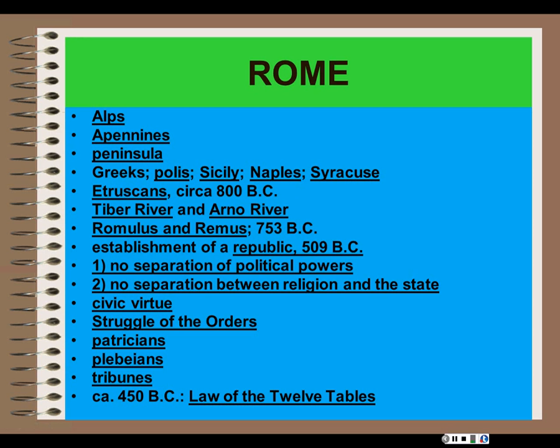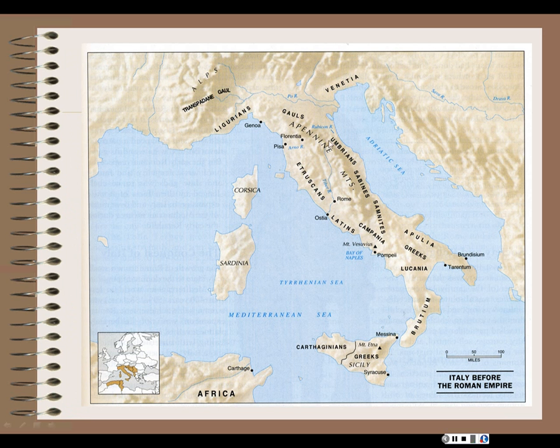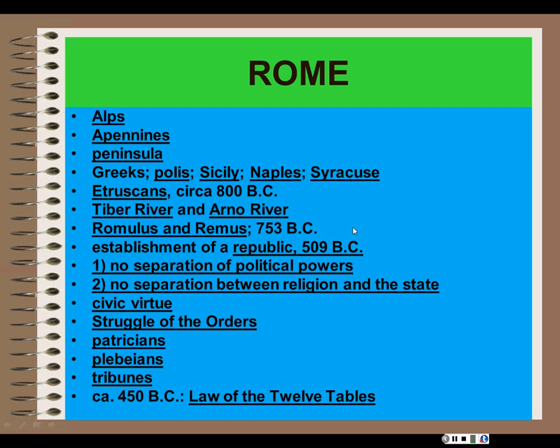So we talked a little bit about the Alps and the Apennines. And also you notice that Italy is really a peninsula. That is a body of land surrounded on 3 sides by water. And we talked a little bit about how the Greeks had settled in city-states.